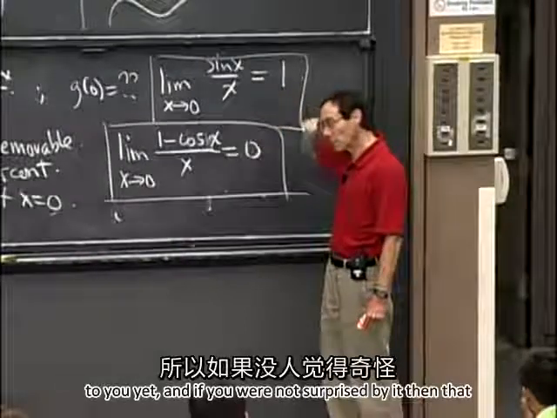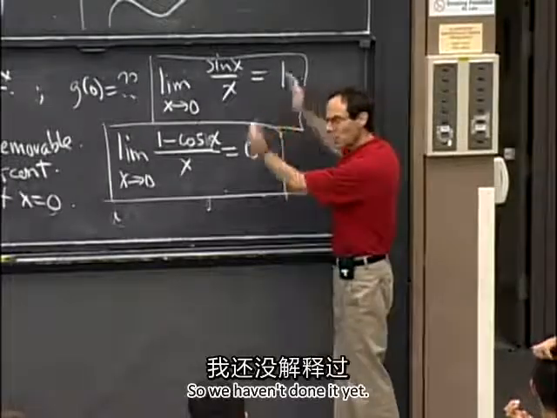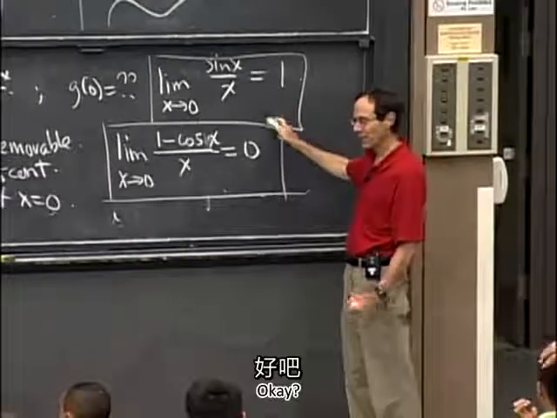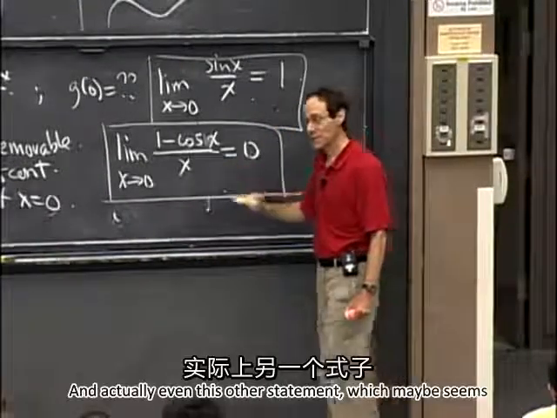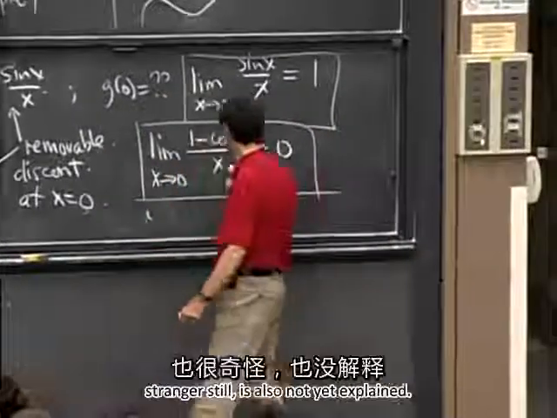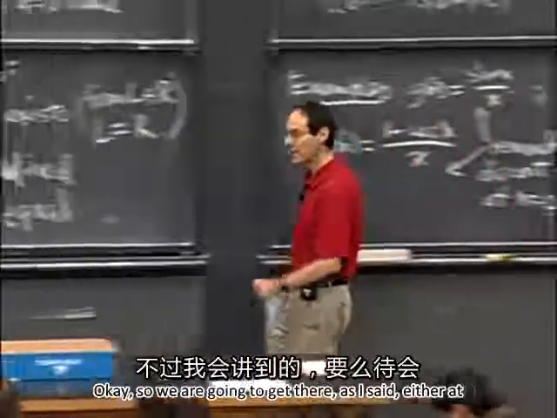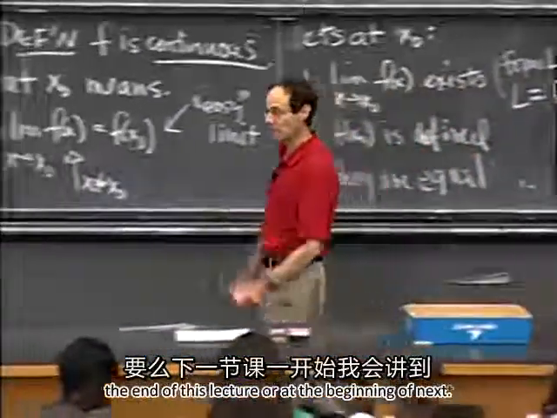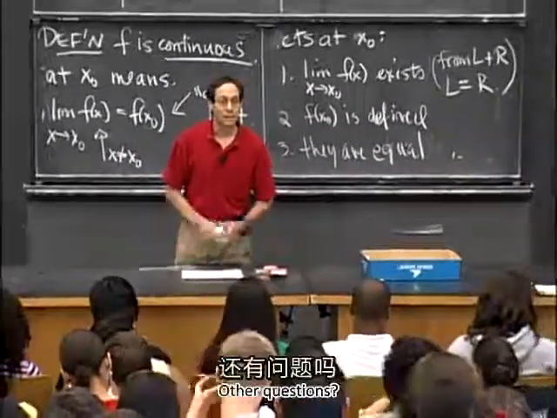And if you were not surprised by it, then that would be very strange indeed. So we haven't done it yet. You have to stay tuned until we do. Okay? We haven't shown it yet. And actually, even this other statement, which maybe seems stranger still, is also not yet explained. Okay? So we're going to get there, as I said, either at the end of this lecture or at the beginning of next. Other questions?